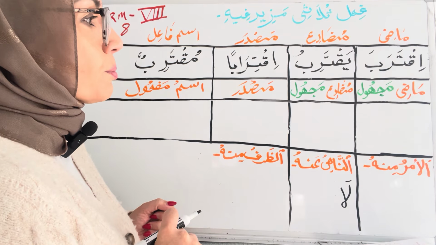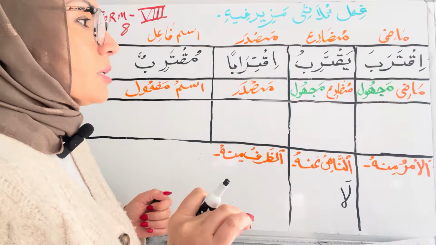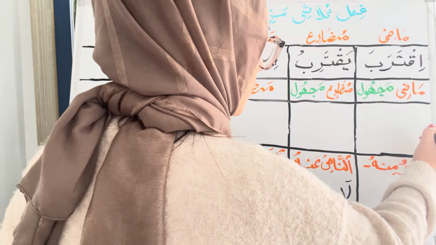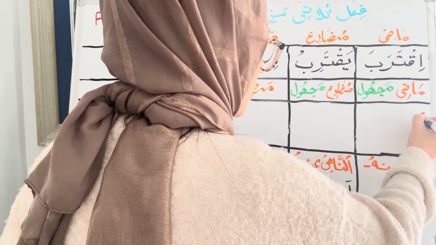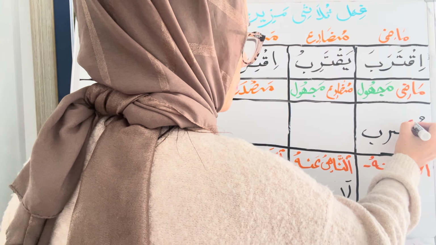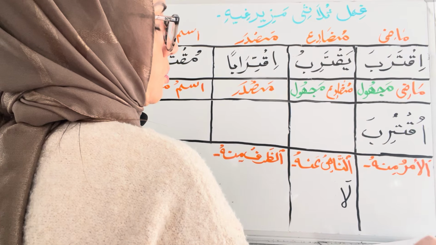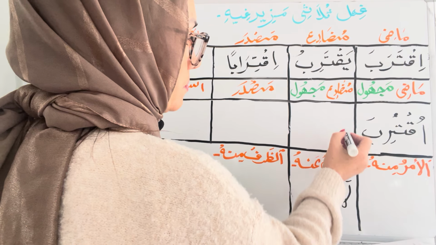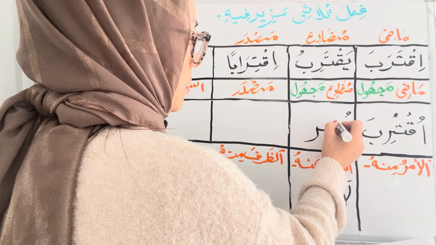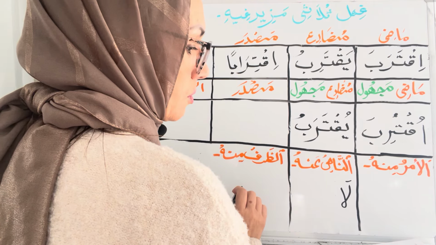So now we're going to go to Madi Majhul. Remember in the Majhul we said the sound is ui. So now it's going to be uqturiba. Yuqtarabu, يقترب.